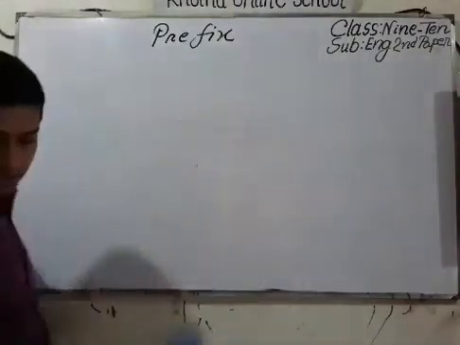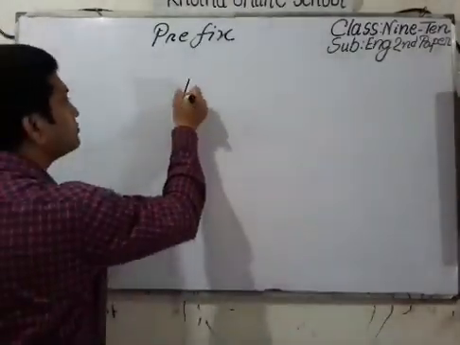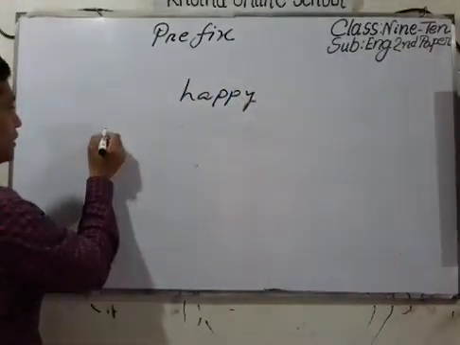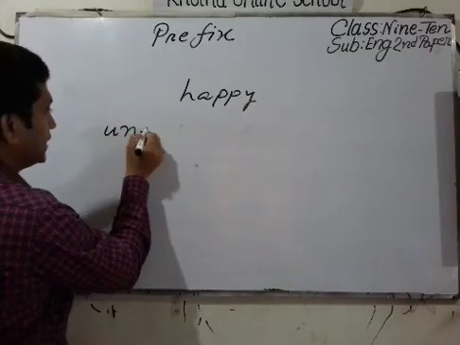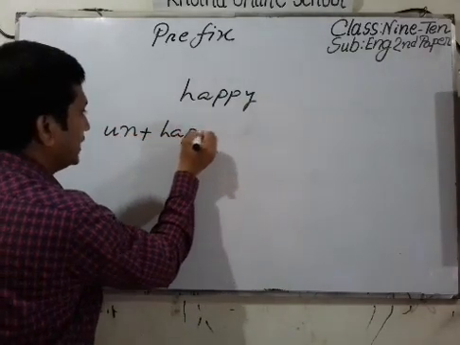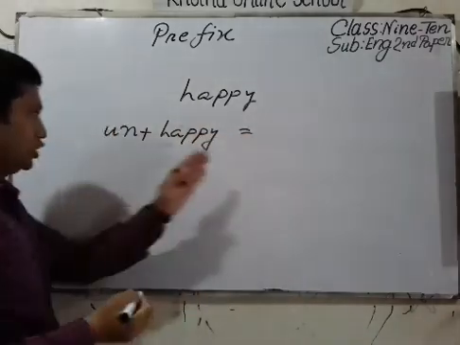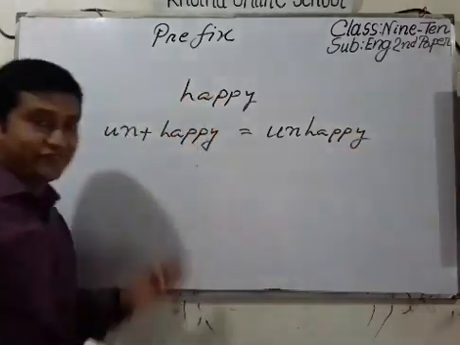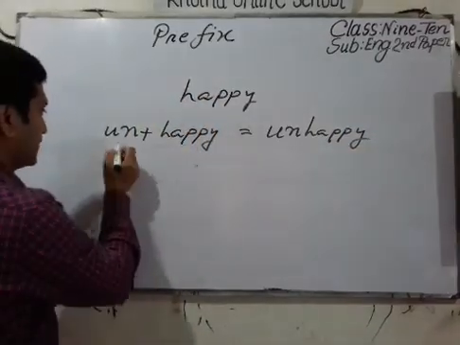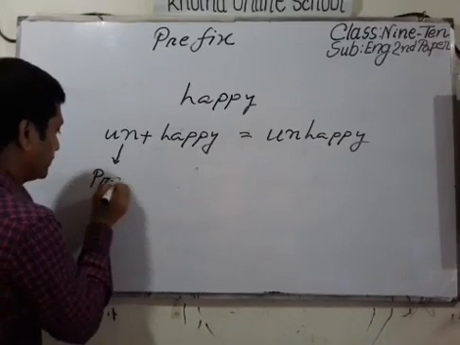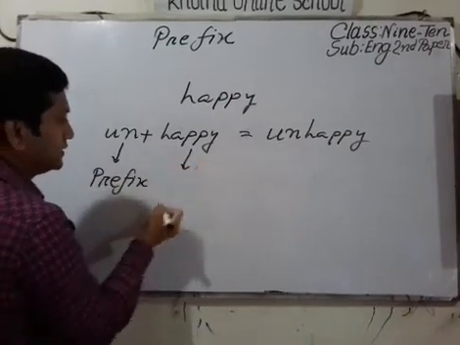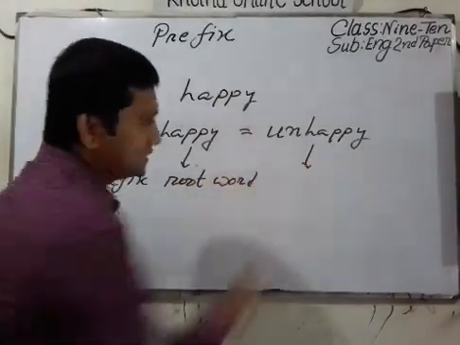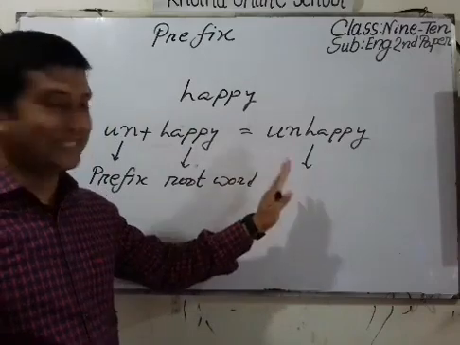Now I have another word, happy. It is a root word, happy. Same goes, you can write un plus happy equal to unhappy. Just first let's learn the terms. It is the prefix. It is the root word. And do you know what this is called?